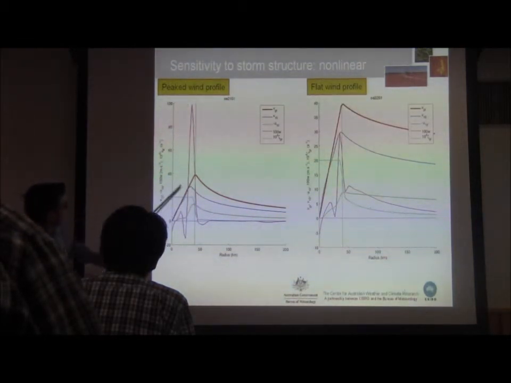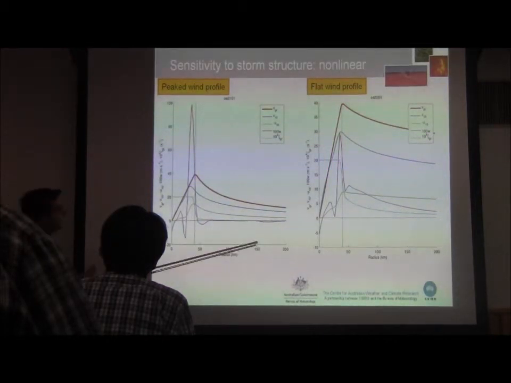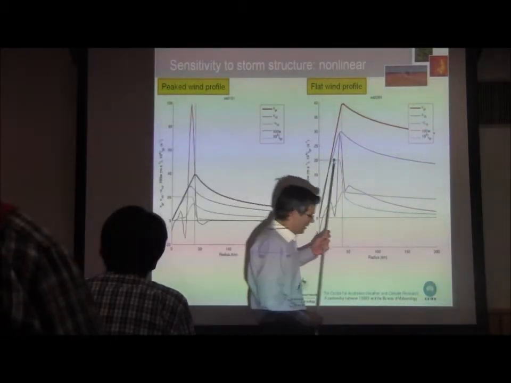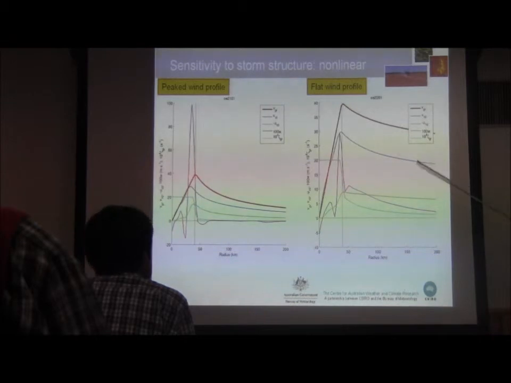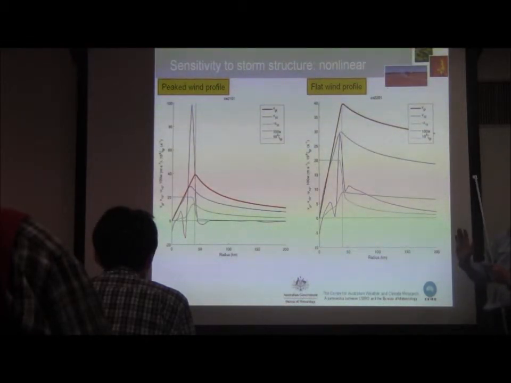So in terms of the angular momentum budget, what's happening in this case is we've got quite a strong radial gradient of angular momentum. And so as the air particles move in, you remember the dynamics are that they are losing angular momentum to surface friction, and to first order, that angular momentum has to be replaced by radial advection.